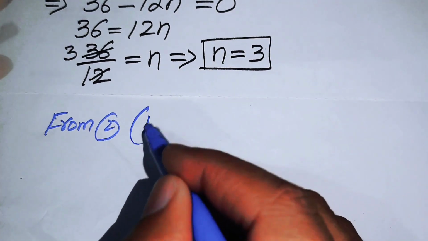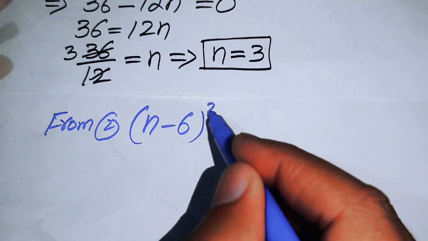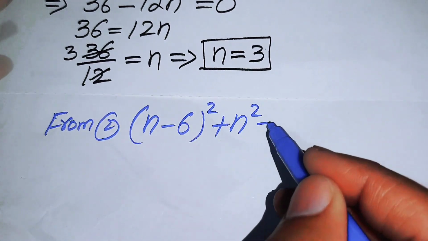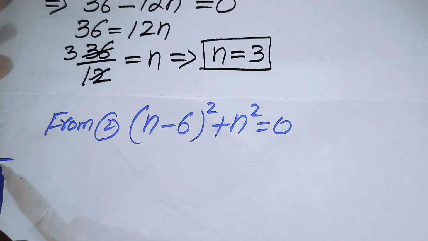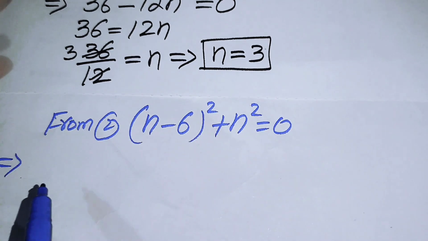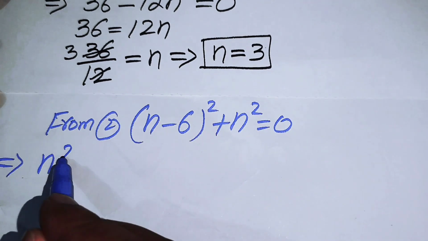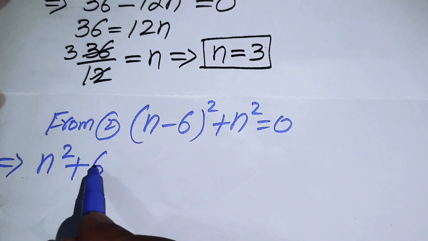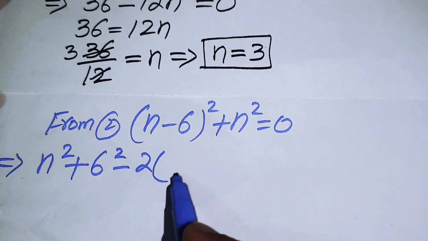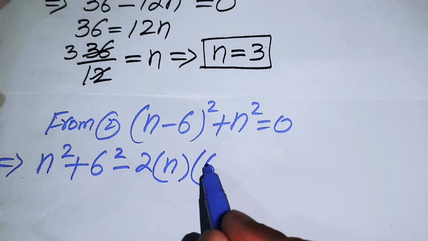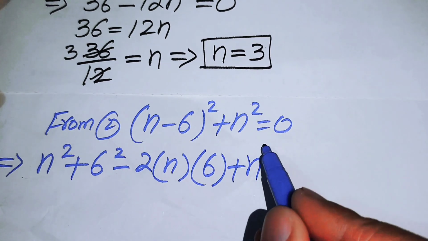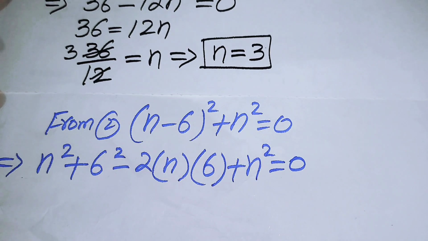First we open the (n minus 6) squared identity, and you know that this equals n squared plus 6 squared minus 2 times n times 6, plus n squared equals 0.